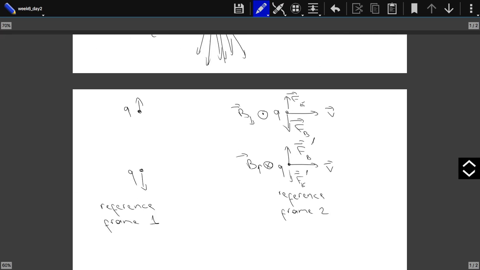Well, the second reference frame is moving towards the left relative to reference frame 1. You see, just consider the reference frame fixed on me. I look at these two charges, they are at rest. Now I go to another reference frame, moving with a relative velocity, so I start moving in that direction.